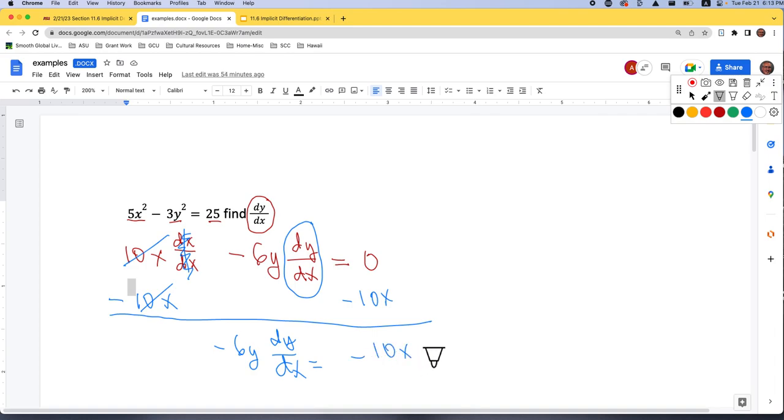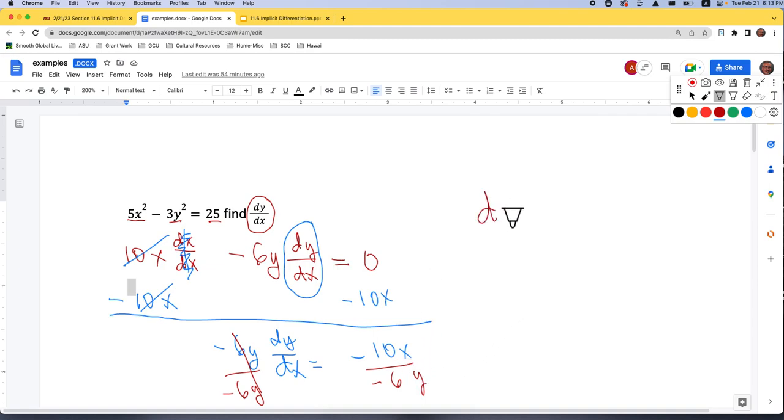And now what do we do? Divide. Just algebra. Divide by negative 6y. It's just algebra, but I remember Little Crow saying that's the hardest part of calculus, right? It really is. So that cancels. So this is what our dy dx is.